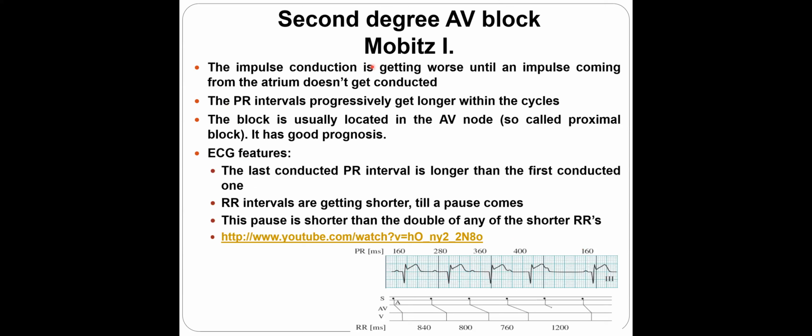Now, Mobitz type 1, this is how you can see very nicely how the PR is getting longer and longer and longer. And another thing that is important to understand: not only is the PR getting longer and longer, and after that we have an unconducted beat, but the RR interval is getting a little bit shorter.